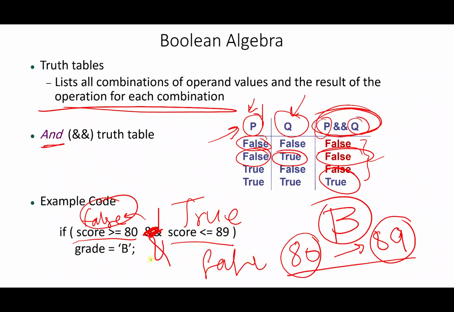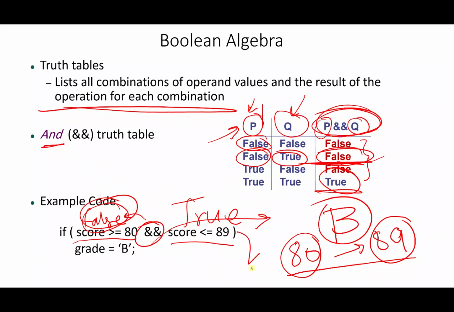So I skip. Again, if I have the double and and I have false first, then I say false and anything else would definitely give me a false, overall false, final false, right?